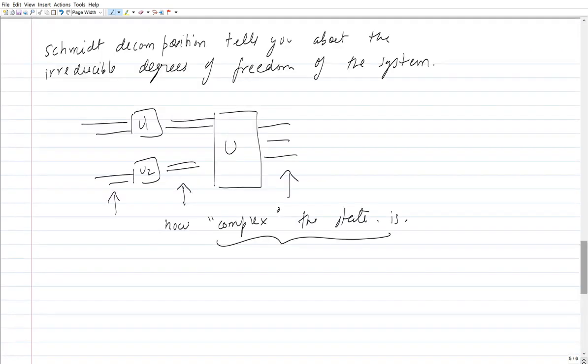And as we shall see, quantum states which are entangled have superior information processing capabilities.